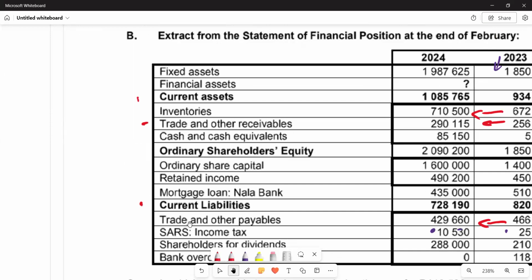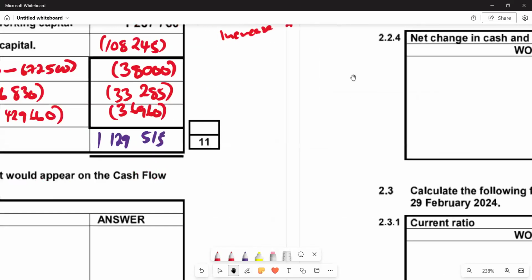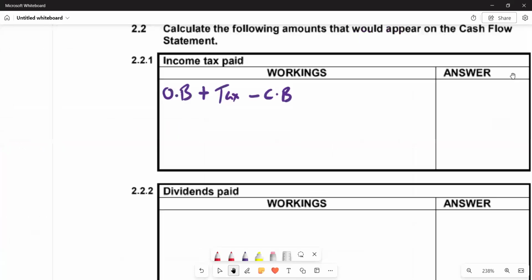So you can just go there and summarize that working. At opening balance we've got 25,870. We add our tax for the period, which is 245,560.